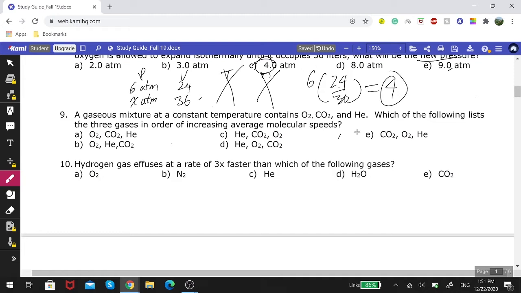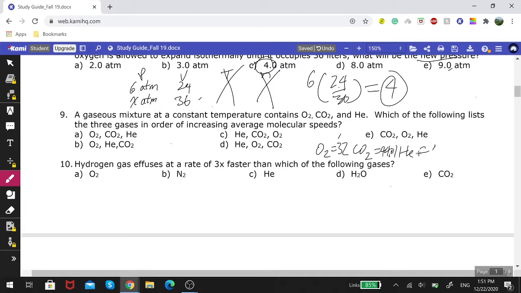A gaseous mixture at a constant temperature contains O2, CO2, and He. Increasing average molecular speed. So for molecular speed, the lightest one travels fastest. So let's write the molar mass for all 3 of these: O2, CO2, and He. O2 is 16 times 2, which is 32. CO2 is 32 plus C, which is 12.01, and that gives us 44.01.